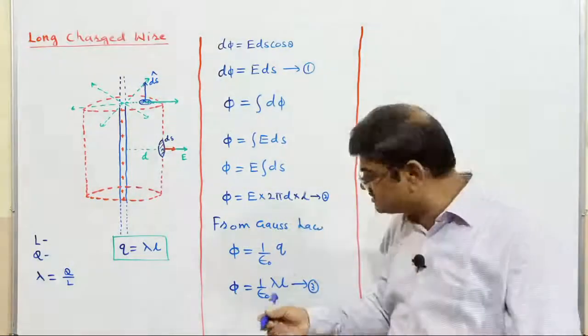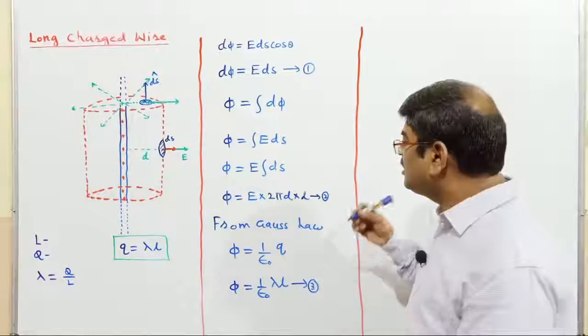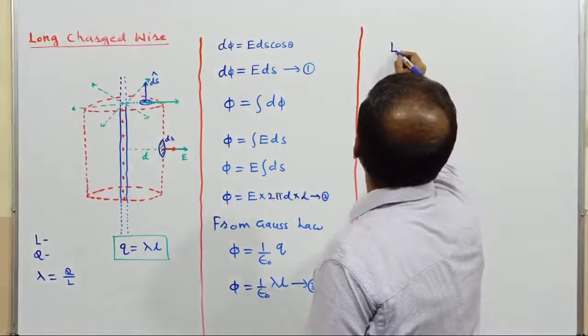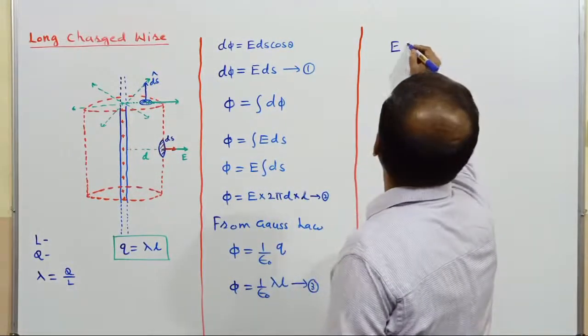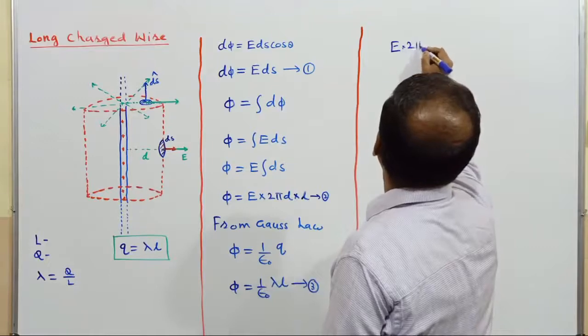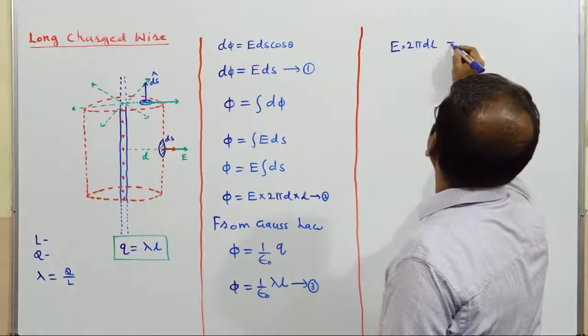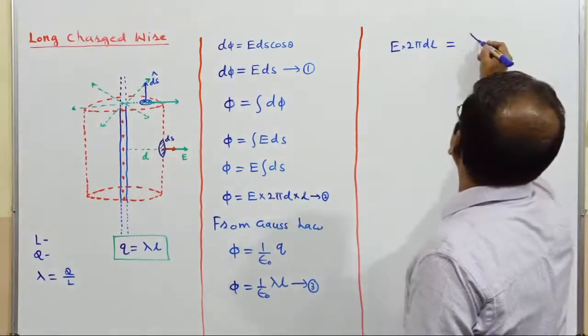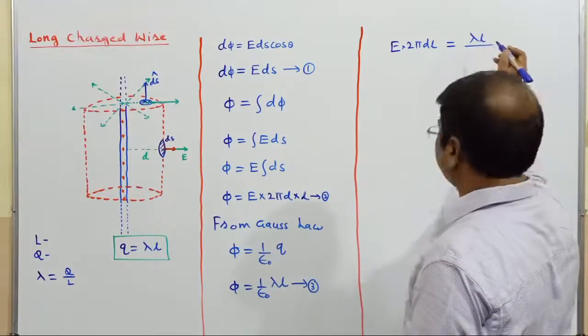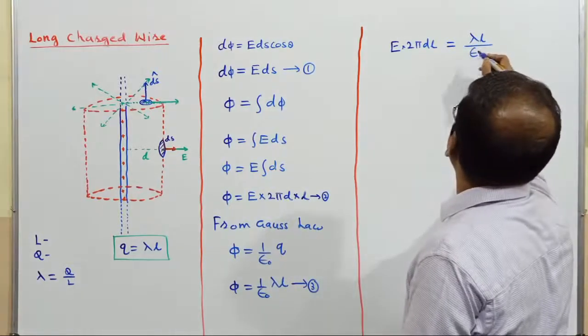So with this reference, I can equate 2 and 3 and I get E 2 pi d l, right hand side I am writing, equals lambda L divided by epsilon naught.